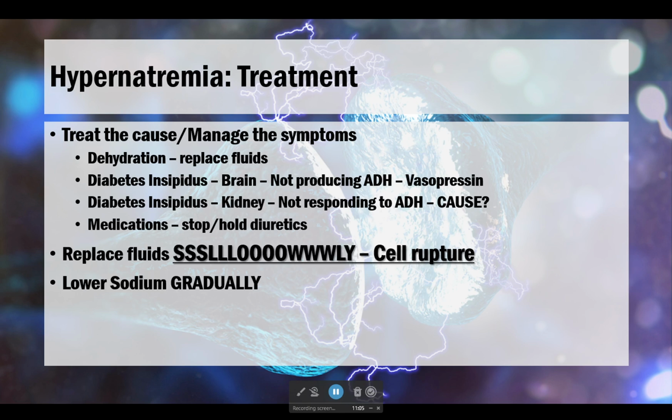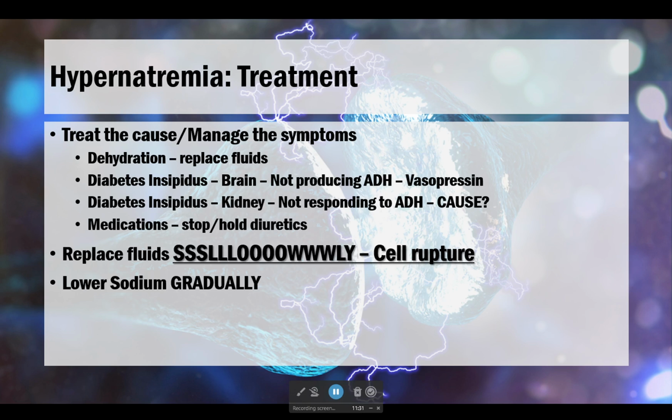Cellular dehydration is the big issue. That cell is like a really, really dry sponge. So if we put free water into the vascular space, it's going to quickly move from the vascular space into the cell, so much so that it could potentially cause the cells to rupture.